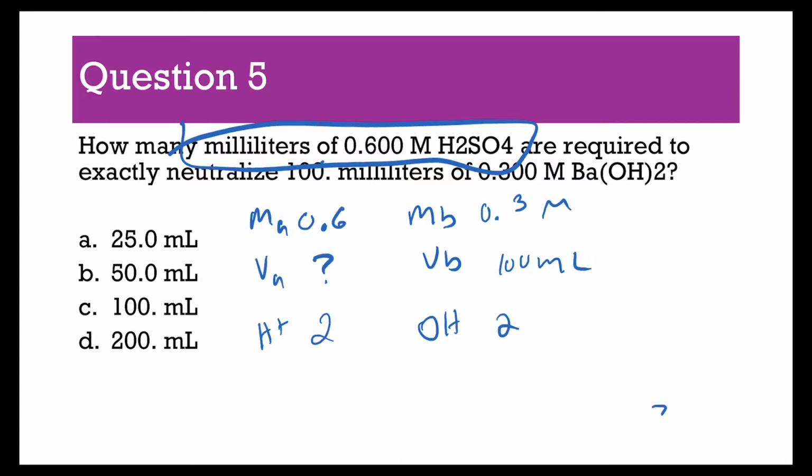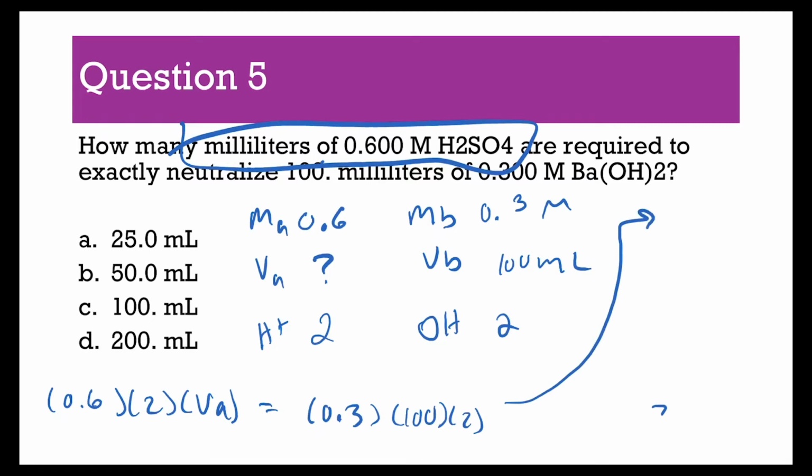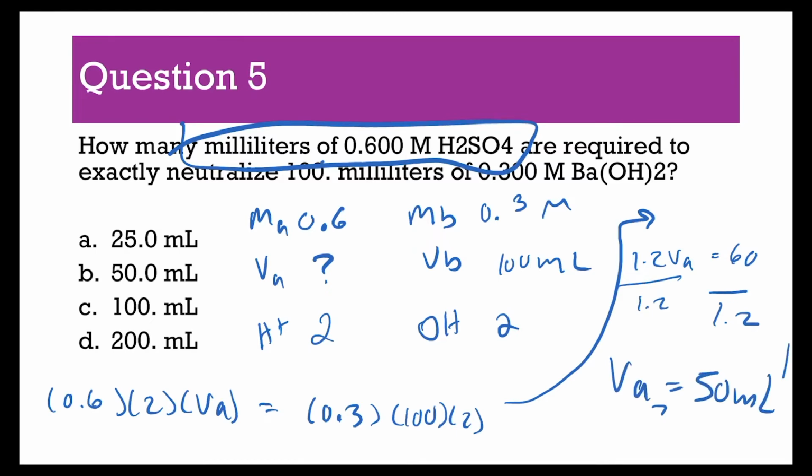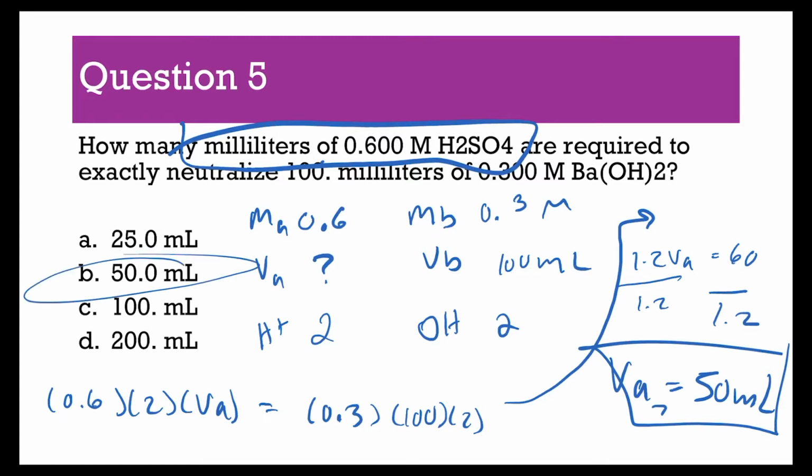So now we can plug stuff in. We get 0.6 times 2 times VA gives you 0.3 times 100 times 2. So we get 1.2 VA equals 60. Divide both sides by 1.2. You get your volume of your acid to be 50 milliliters, which is answer choice B.